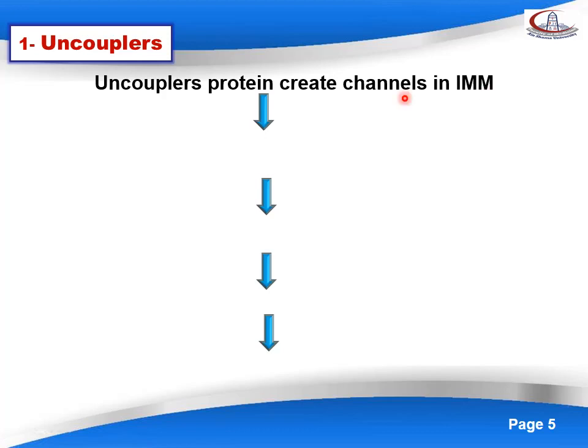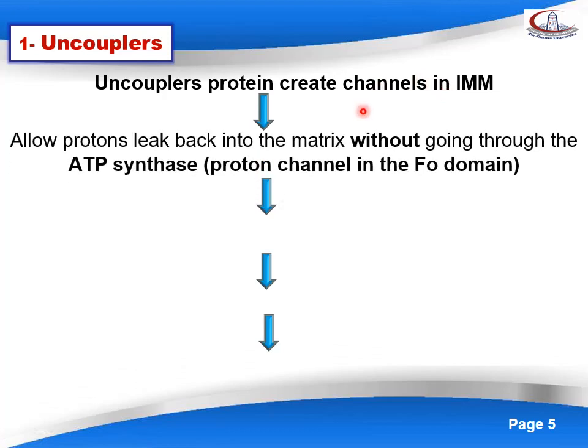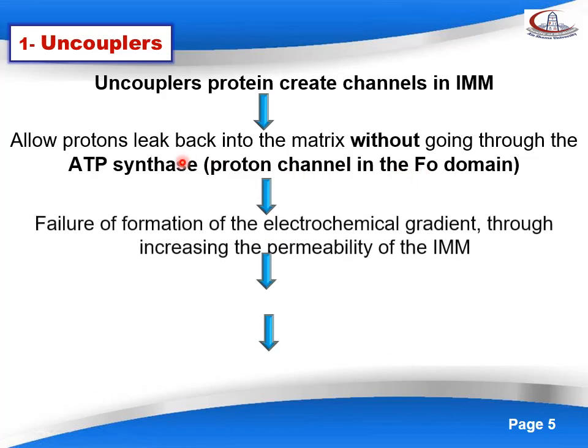Suppose I am making channels in the inner mitochondrial membrane. This is the mechanism of an uncoupler. It allows protons to go back to the matrix without going through complex 5, which is ATP synthase. This is another route of entry for the protons, rather than entering through the F0 channel, which stimulates ATP synthesis.